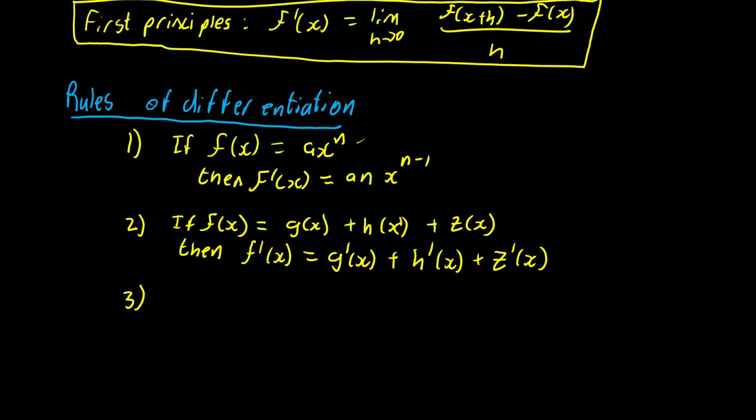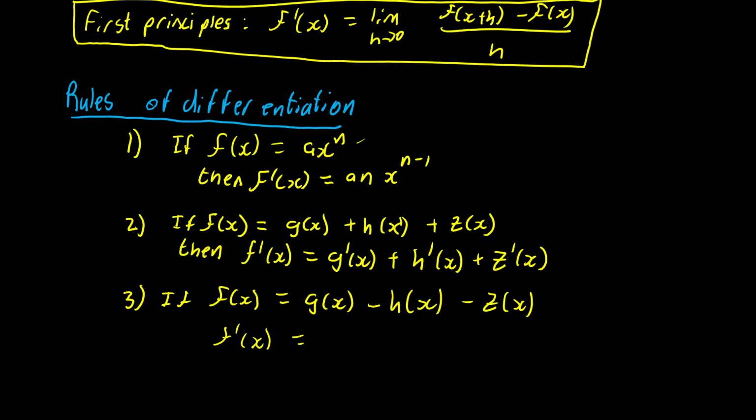Now there's a similar rule for subtraction as well. If you have f of x which consists of a few different terms, one term minus another term minus another one, then when you want to find its derivative, you just take the derivative of g of x, subtract the derivative of h of x, subtract the derivative of z of x, or the different terms.